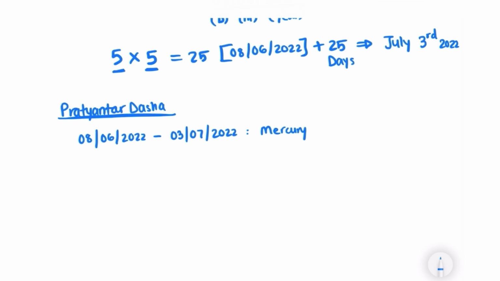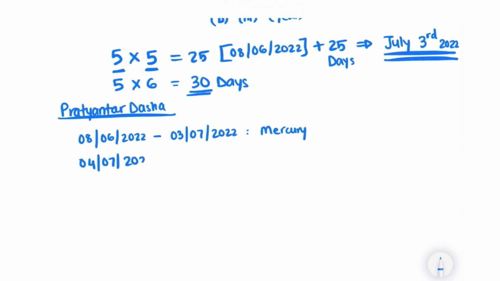After this, after 5 comes 6, right? So 5 times 6 is 30. So we will add 30 days to July 3rd right here. So from July 4th till here, if we add 30 days, we get August 2nd.